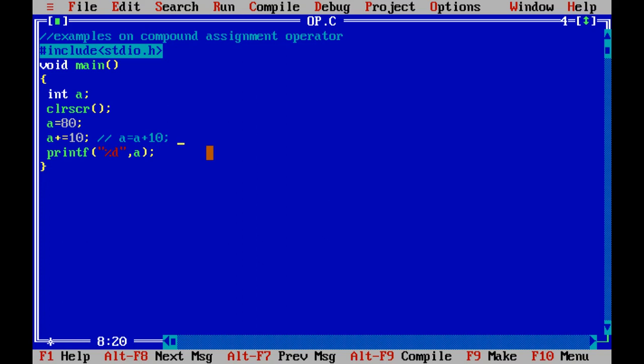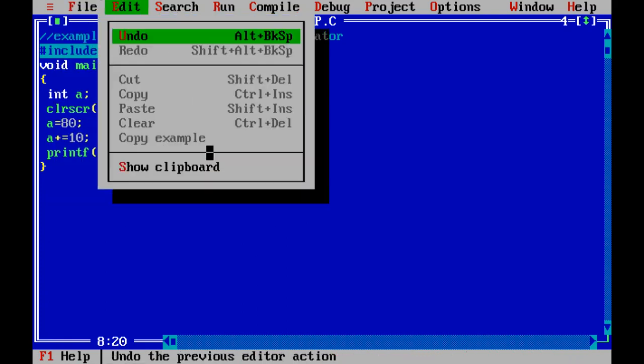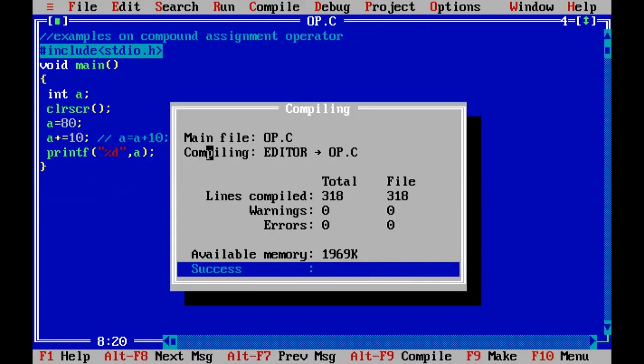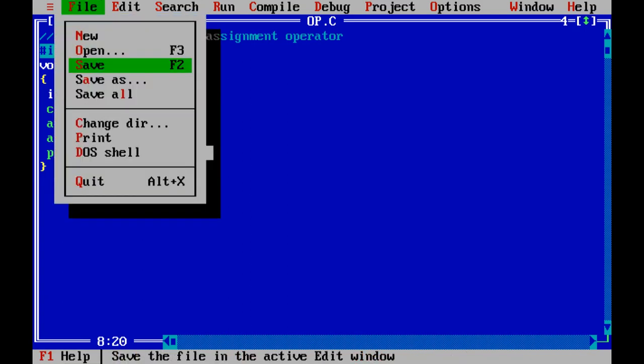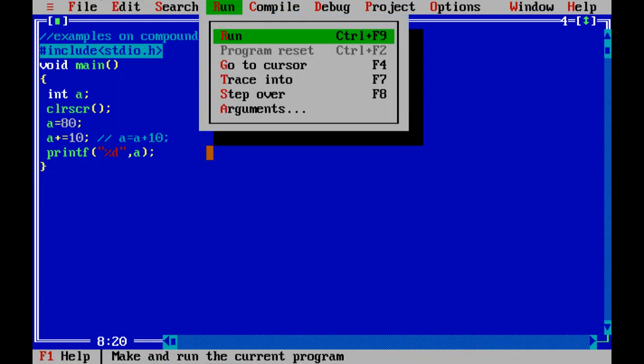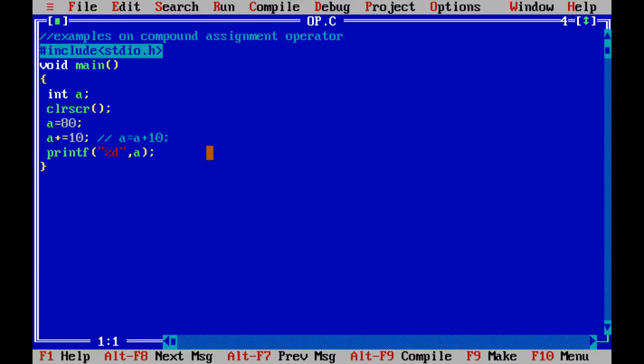Now save, compile, no errors, and run this with Ctrl F9. Then see the output. Observe the value shown on the monitor. The value is 90.